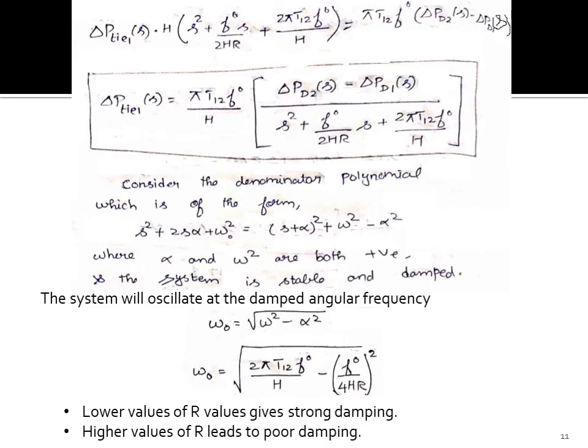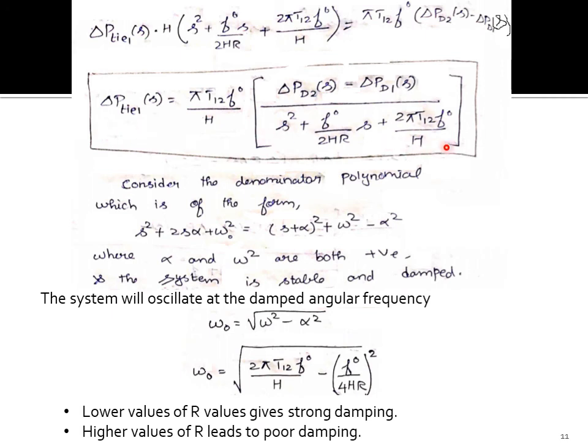When we bring this to the left side, your expression will be plus 1 plus this whole equation, taking this del P tie 1 common outside. Then we are taking LCM and cancelling our denominator part, and our expression is reduced to this. Our reduced expression for del P tie will be of this form.